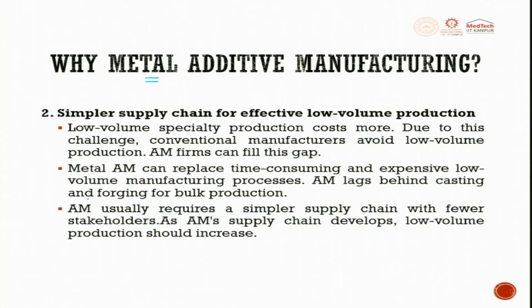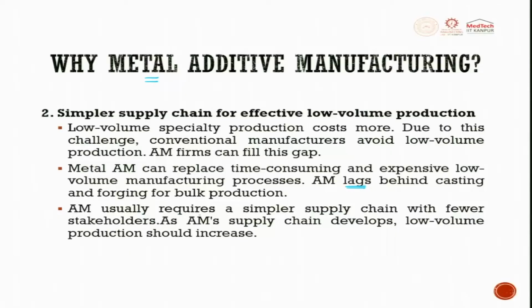AM lags behind casting and forging for bulk production. Even today AM is lagging, but since the concept of mass customization is coming into existence, people are slowly trying to avoid casting and forging processes. AM usually requires a simpler supply chain with fewer stakeholders. Why?